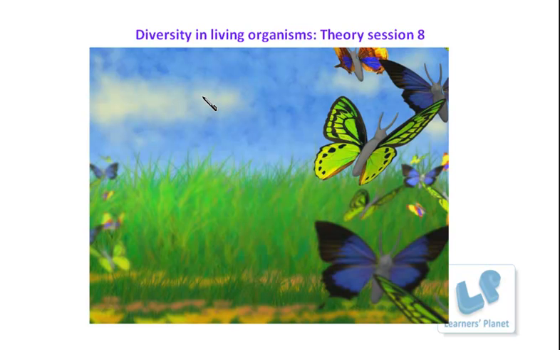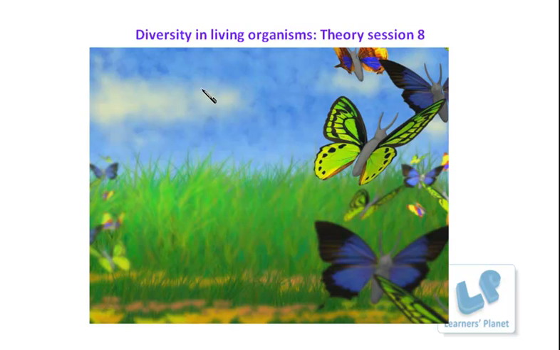Well, in the earlier session, I was discussing the five kingdom system, and I hope you understand what this five kingdom system is. There are diverse living forms in our surroundings, and to make their study easy, they have to be classified into groups. According to the five kingdom system, these groups are five in number.